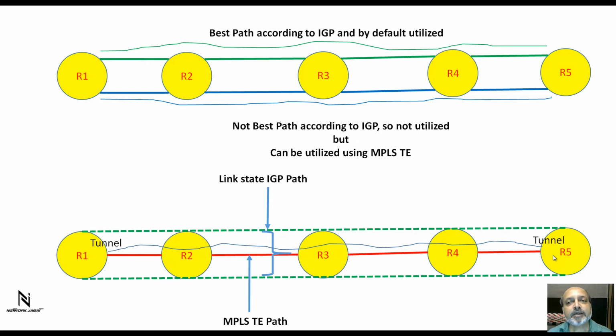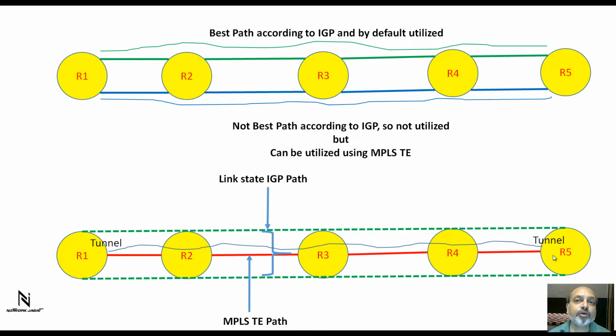Now that can be done by IGP. The link state IGPs use a method known as the auto route method, or you can manually add those interfaces in the respective routing tables of the head end and the tail end routers, right?